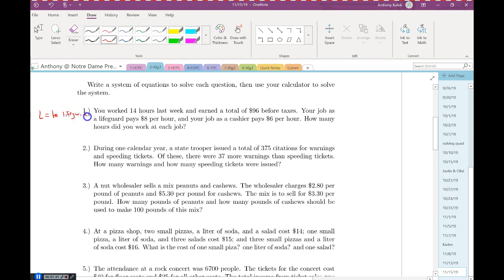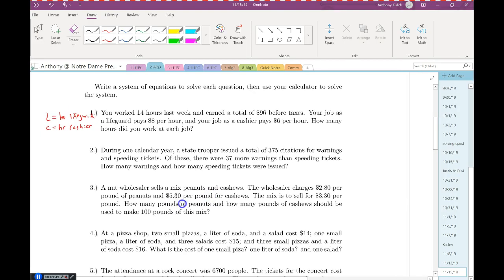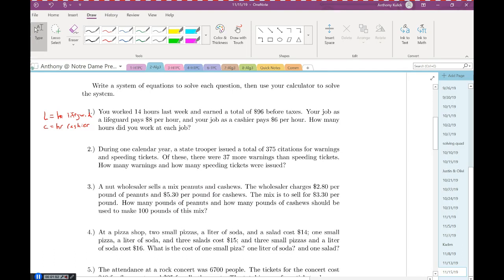So again, the last sentence typically is going to tell you the number of variables, right? So it asks for how many hours did we work at each job. 2 jobs, 2 variables. So I'm going to use L to represent the hours that we spent lifeguarding and C to represent the hours that we cashiered.